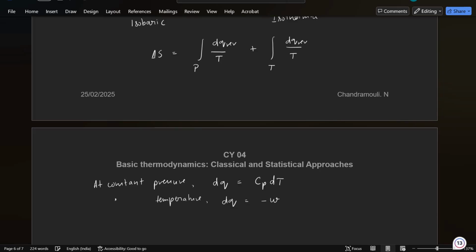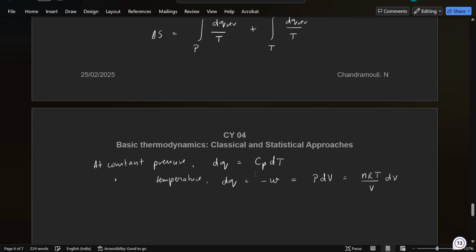Minus W is equal to PdV, correct? Yes. And PdV is going to be equal to nRT by V into dV, correct? This is from the ideal gas equation.